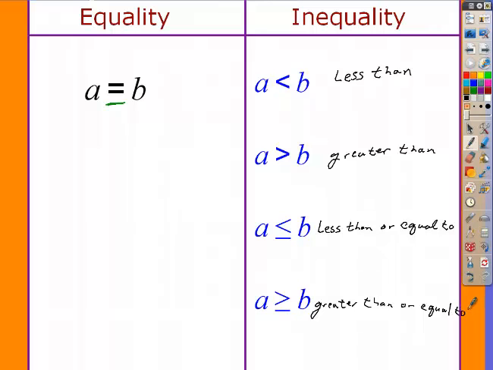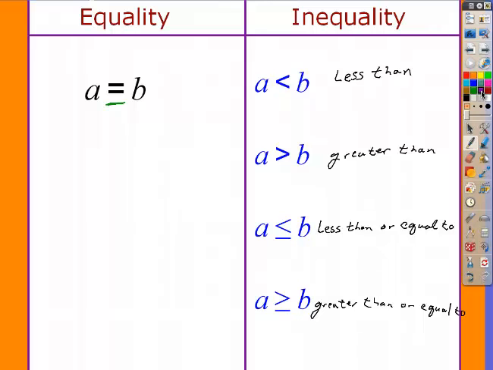Now, it's really important that we keep these signs straight. The way that I always remember is that if it points to the left-hand side, it's a less than. If the arrow points to the right, it's a greater than. However you need to think about it is what I want you to do. You can use what I said, or you can use something that you already know.